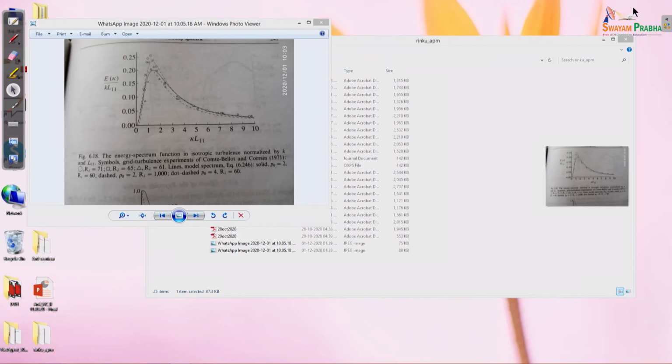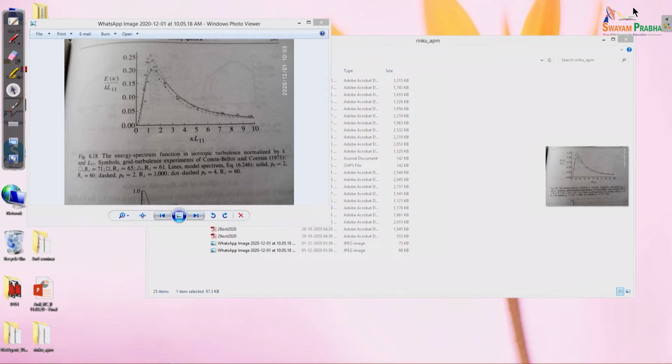Before I look into that, let us look at 2 plots now. What we will do is look at this first.